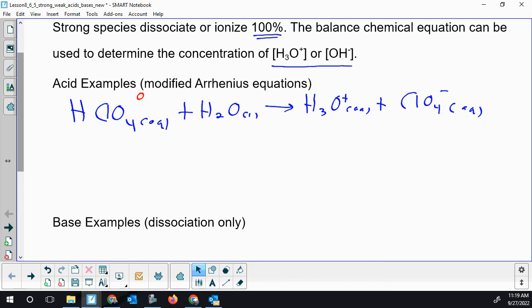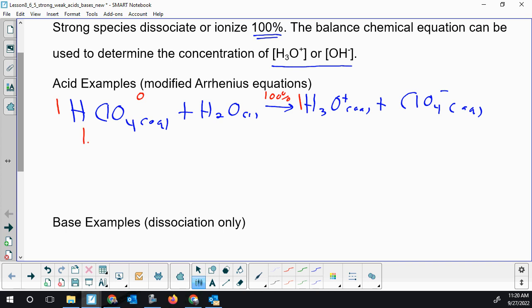In our modified Arrhenius equations, we always have one of all the species. So every one of those will turn into one of those. Okay. And strong means this happens 100%. None of our original reactant is going to stay together.